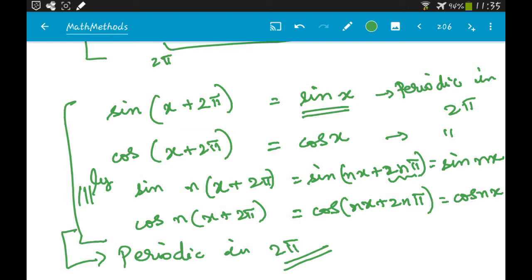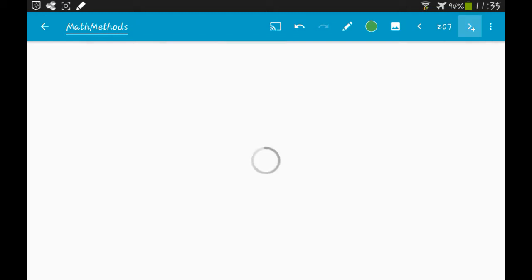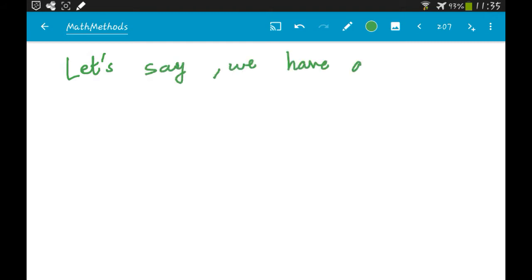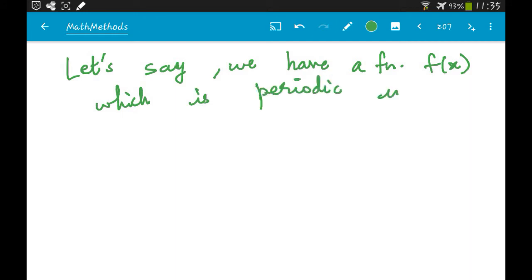Okay, so now let's see how a periodic function is represented. So let's say we have a function f of x which is periodic in 2 pi. So after every 2 pi the pattern is going to repeat. Okay, so that's what we mean by periodic in 2 pi.